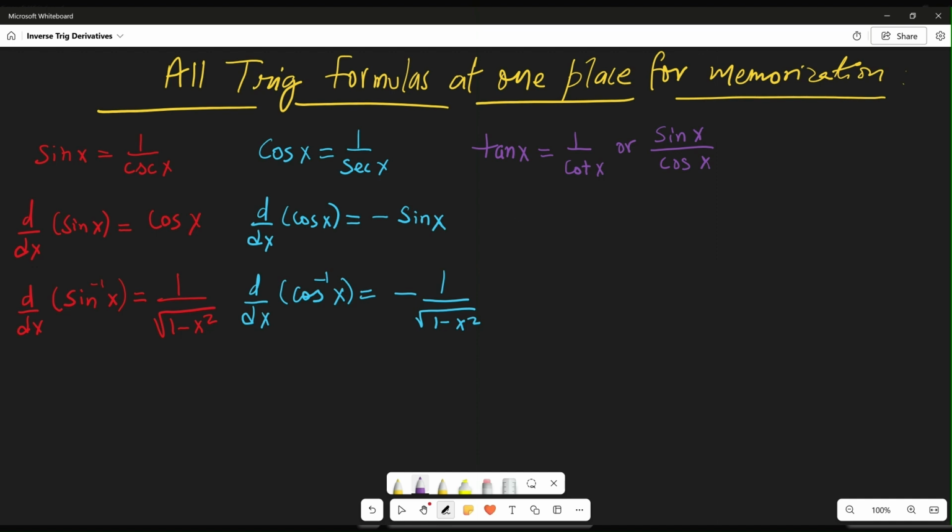The derivative of tan x is secant squared x, and the derivative of tan inverse of x is 1 over 1 plus x squared.